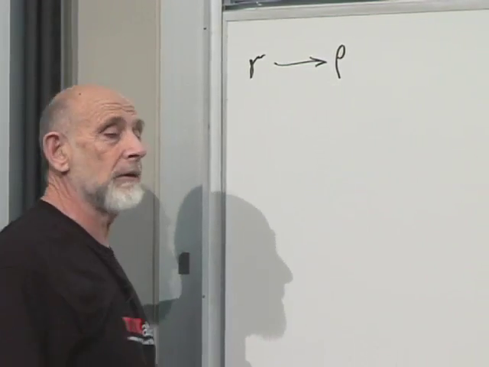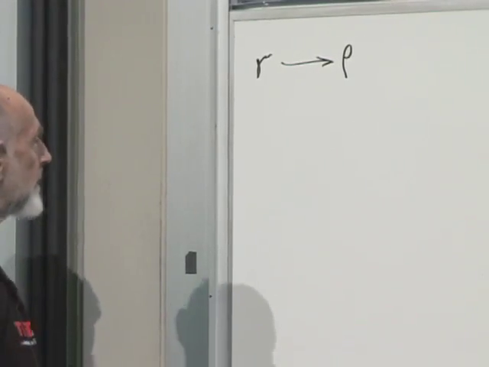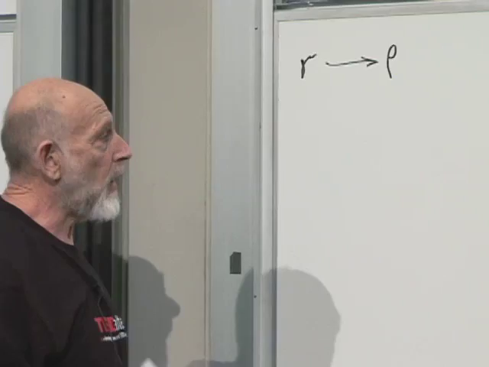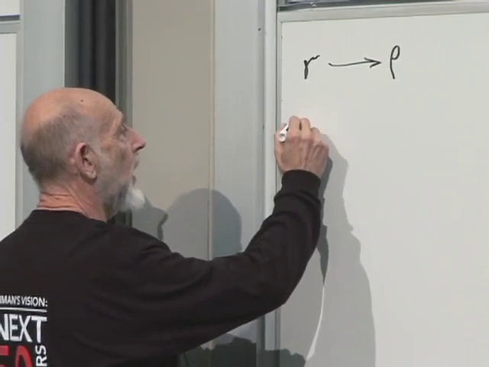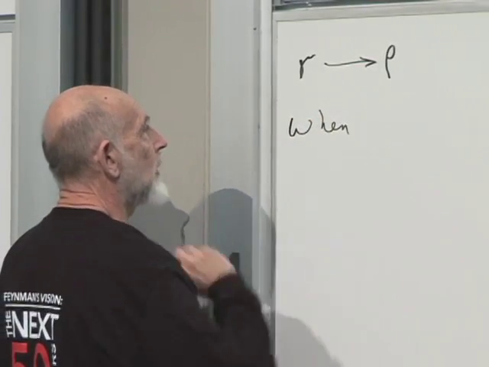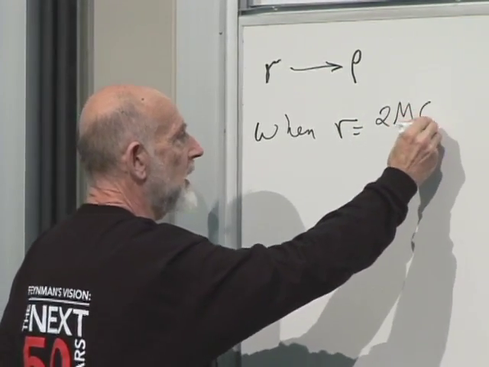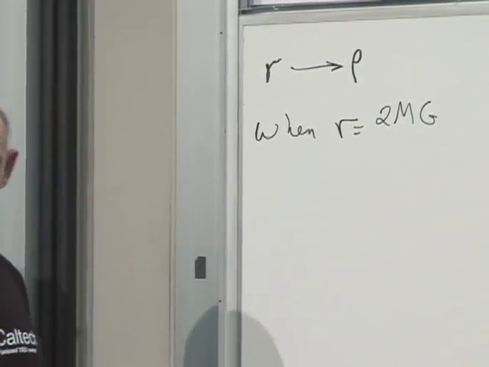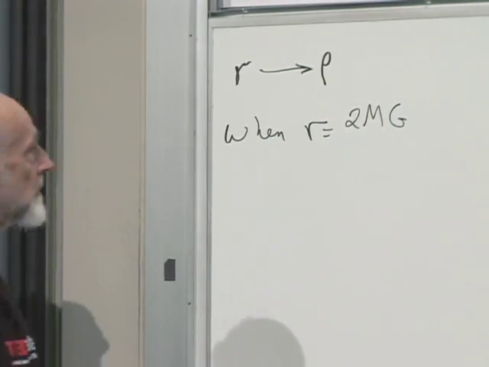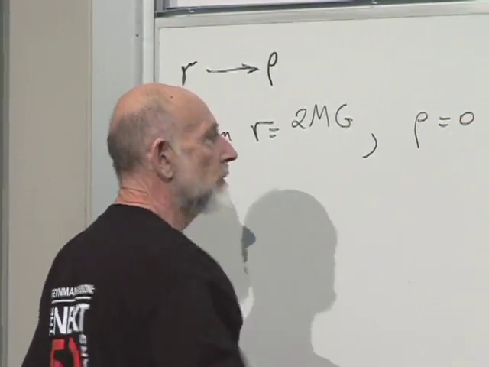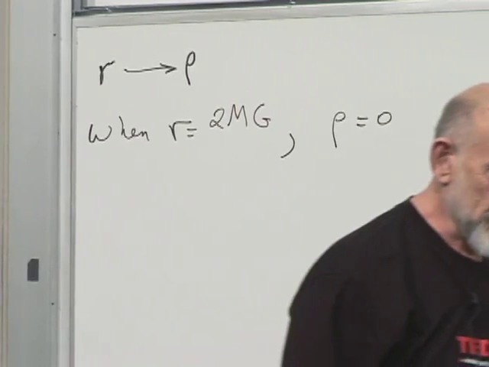I won't bother writing down the relationship between them. But one thing is important: at the point when r is equal to 2MG, that's the Schwarzschild radius, the point where the horizon is, rho is equal to 0.